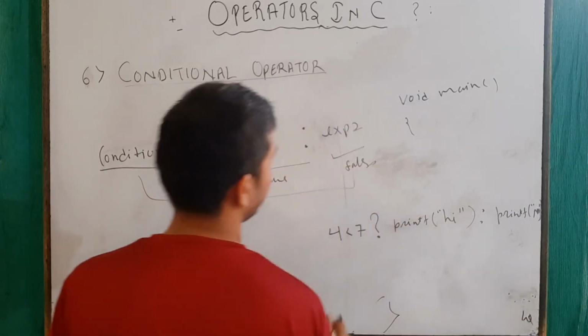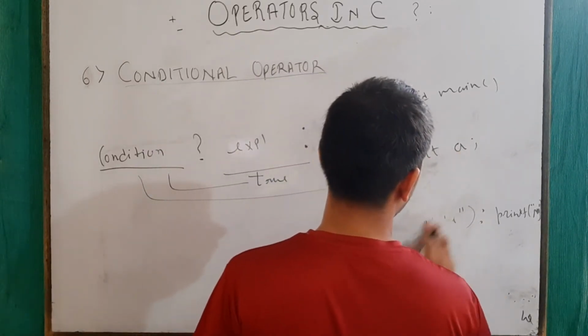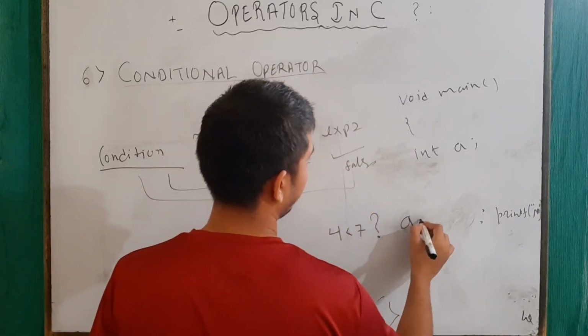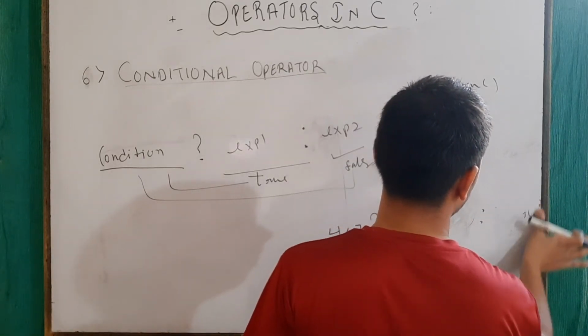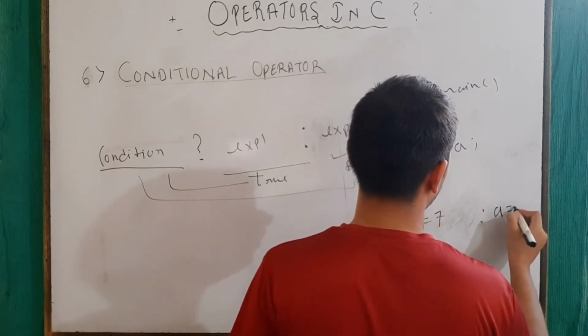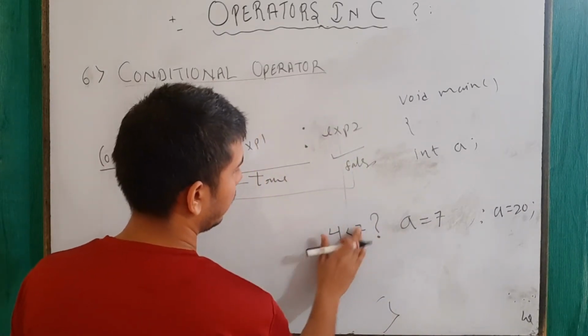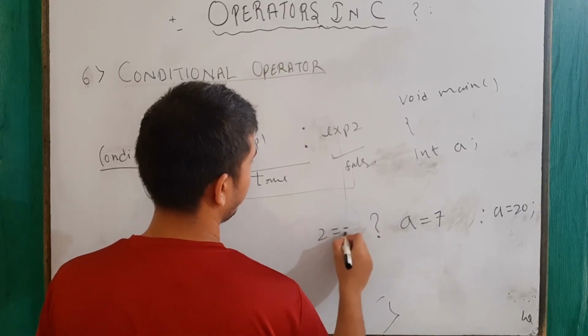Similarly, let's say int a is there. Now I am saying if our condition is true, then a will become 7, and if our condition is false, then a will become 20, right? So let's say I am writing here 2 is equal to 2.